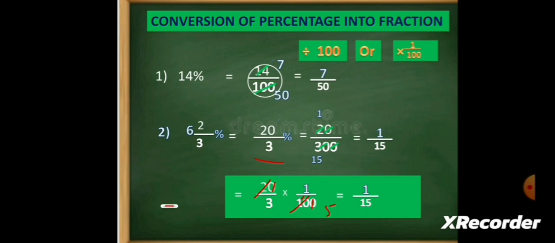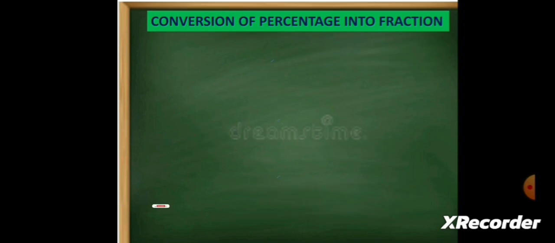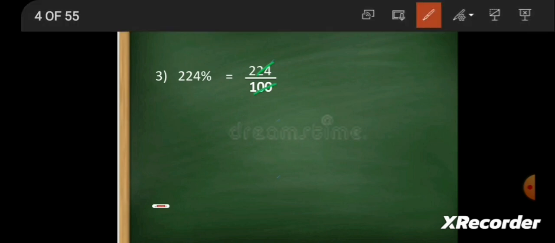Take another example. 224%. We'll write it as 224 upon 100. We'll cancel the common factor, that is by 2, and we'll get it as 112, and here we will get it as 50.